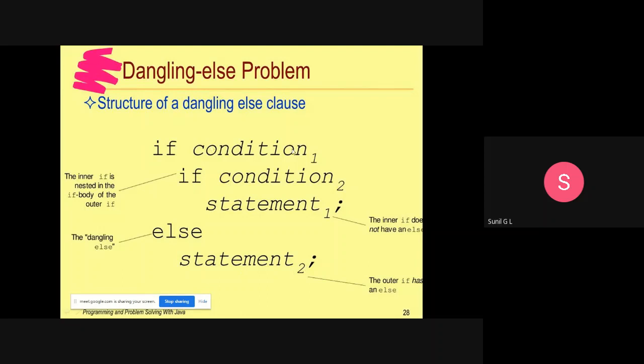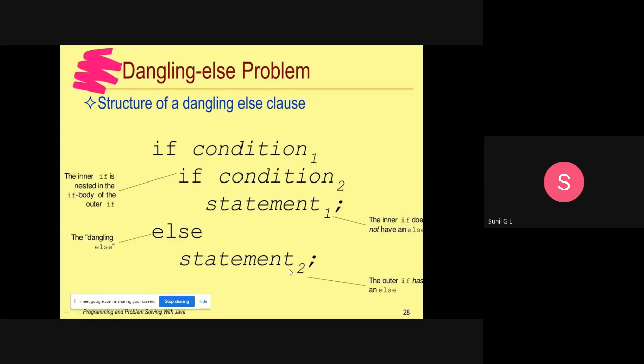If condition 1 is true, no issues. It will come to the inner if condition, and if that is true, it will execute statement 1, or else it will execute statement 2. When condition 1 is false for the first if statement, it won't execute these two statements, it will come to the else and execute statement 2.